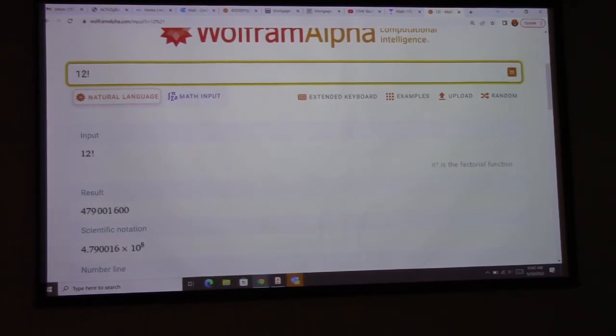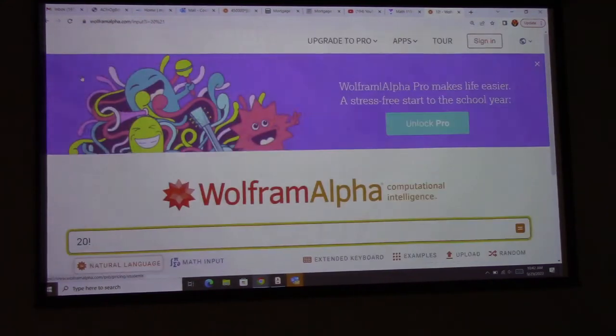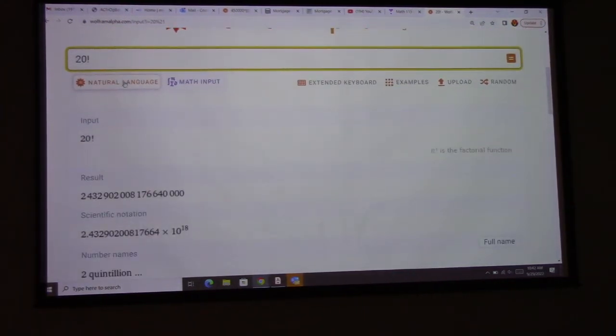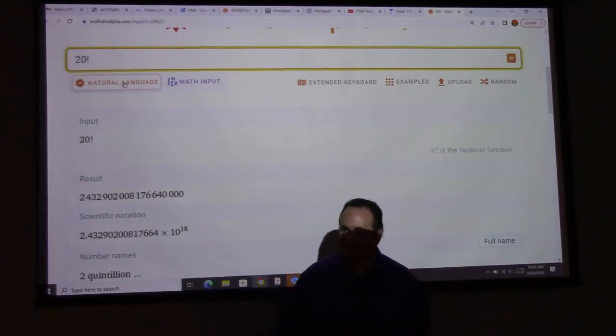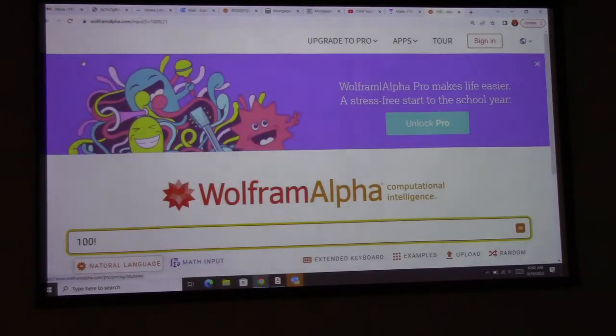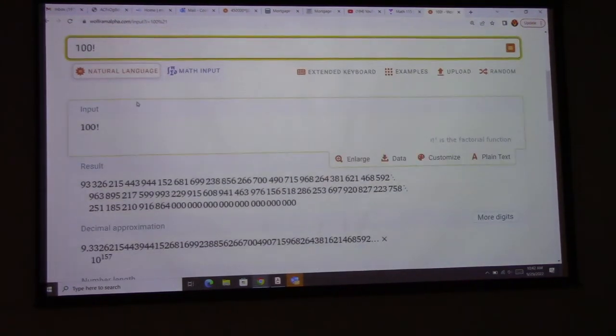What happens when we get to 20 factorial? Oh my. 20 factorial is 2 quintillion, apparently. Thank you, Wolfram Alpha. I didn't know the name for this, but there it is. 2 quintillion. What if you do 100 factorial? How big is that? I think your calculator probably balked at that, right?